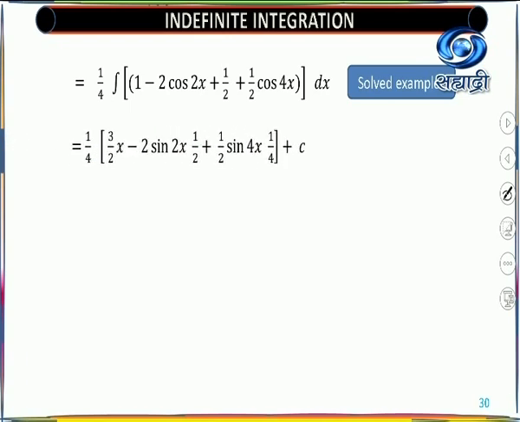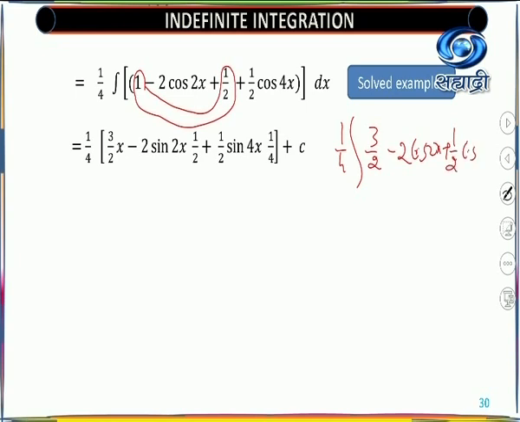This is the last step, and here you will get 3 by 2 x. This is 1 and this is half. The middle step is nothing but 1 upon 4 integral 3 by 2 minus 2 cos 2x, and then plus half cos of 4x dx.